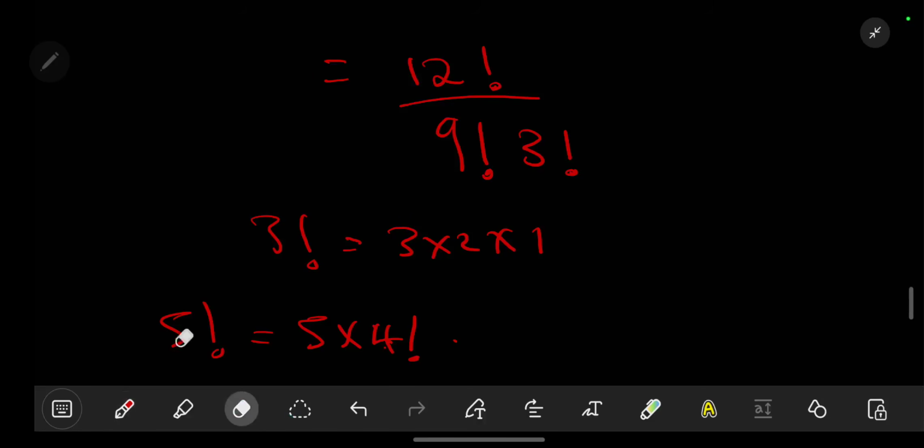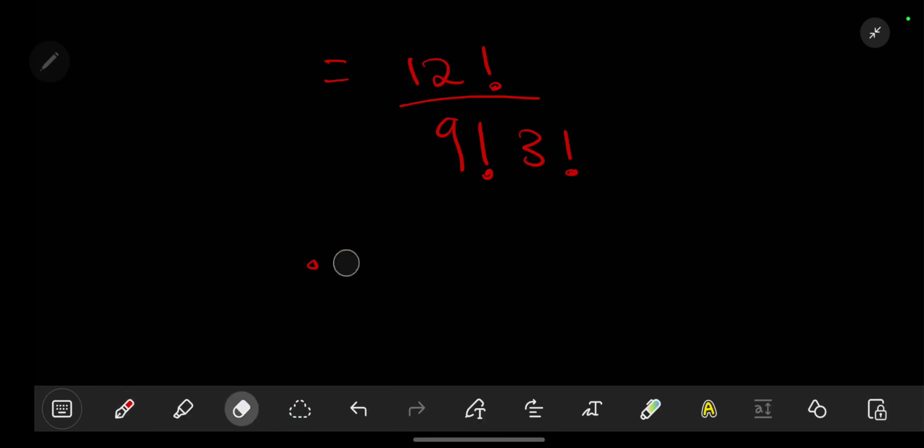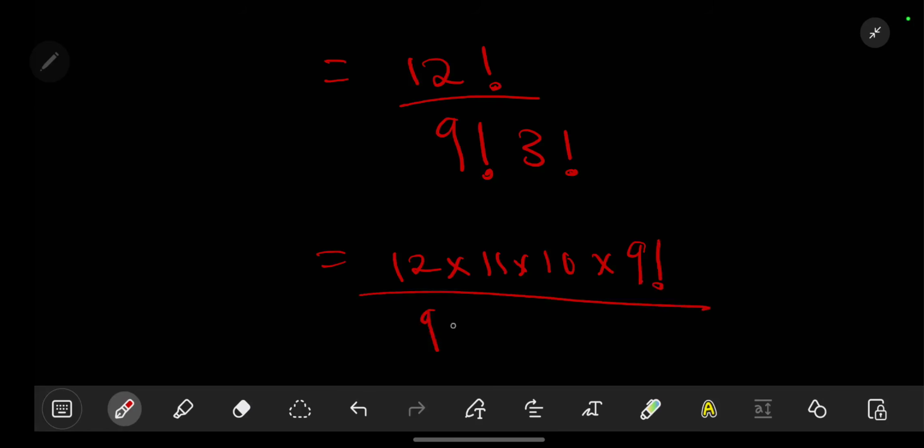So with this, we look at the highest factorial down here, which is 9. So you are going to expand your 12 until 9. It will be 12 times 11 times 10 times 9 factorial, so that they can cancel each other. So you have 9 factorial, 3 factorial, this and this goes.